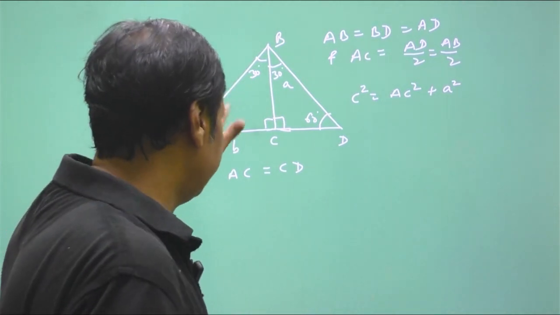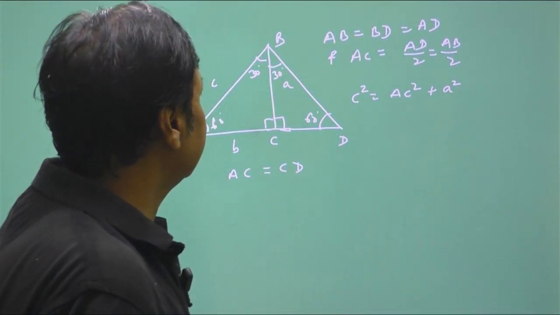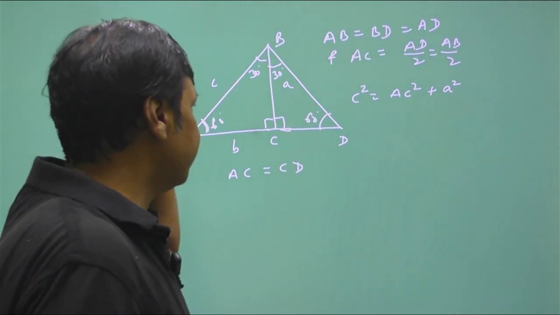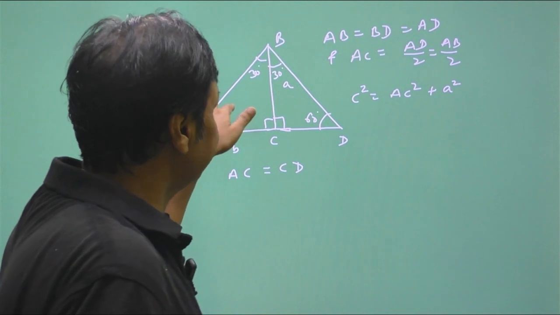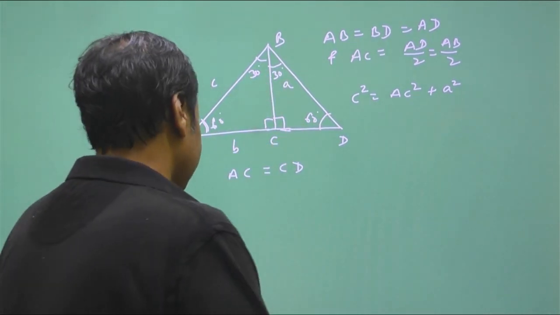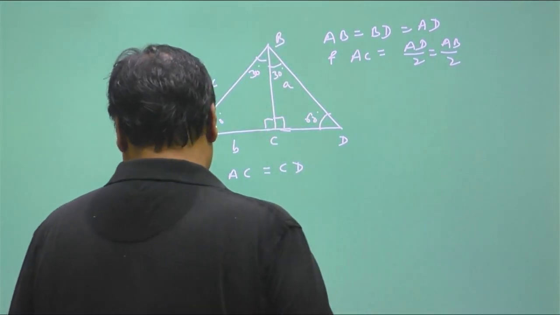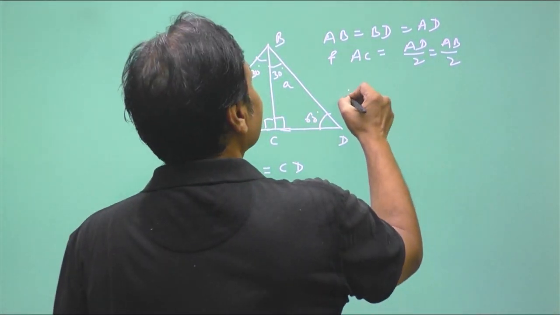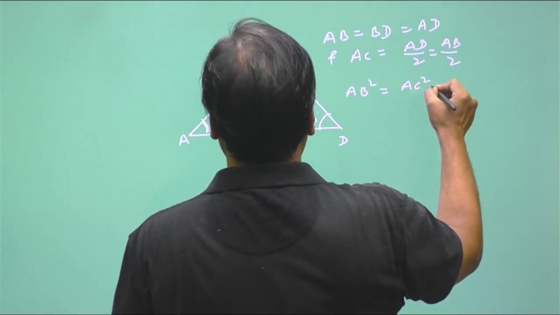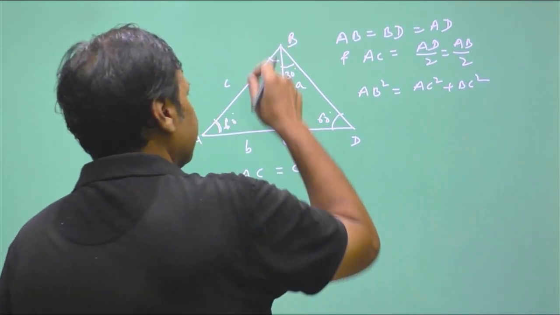I will choose AB because this length AB is equal to c.